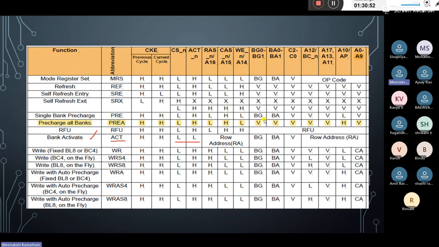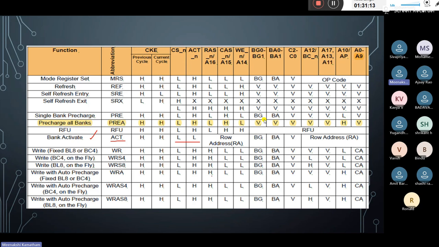Then I am selecting here row address because ACT is high here, so both are different. Means one is high and one is low, so they are not selecting these row address bits.